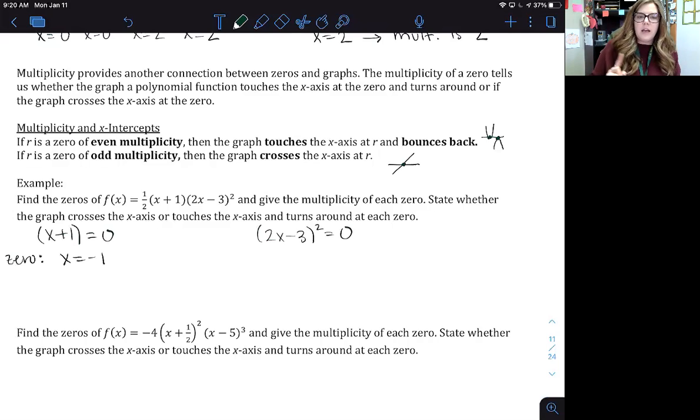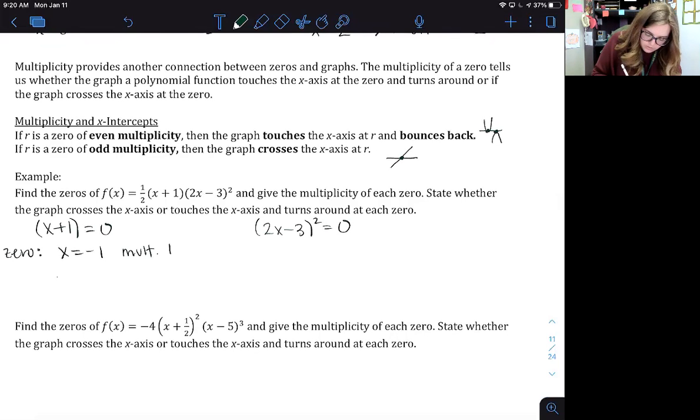Now look back at your exponent. There isn't an exponent, so here our multiplicity would just be 1, because it only occurs once. And since that's odd, that means it's going to cross through. So now look at 2x minus 3 squared equals 0. I'm going to ignore the squared for right now.